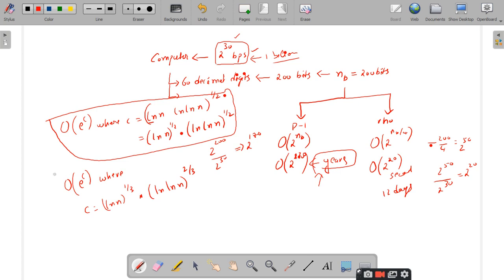Right. So now tell me which one is efficient. Is it the quadratic sieve or number field sieve when compared between these two? Quadratic is this one and this is number field.